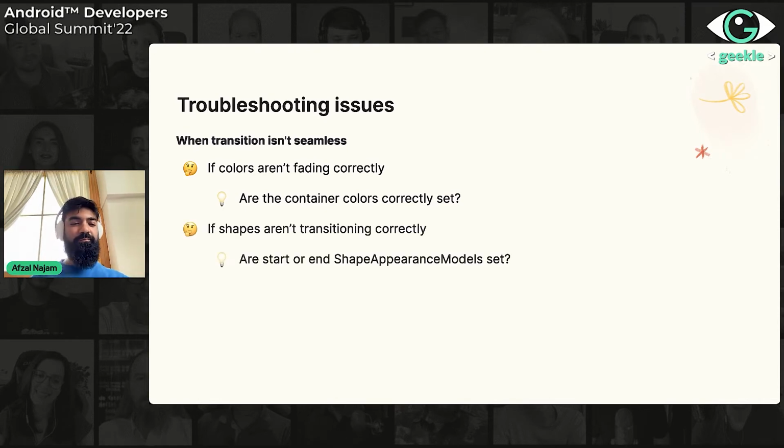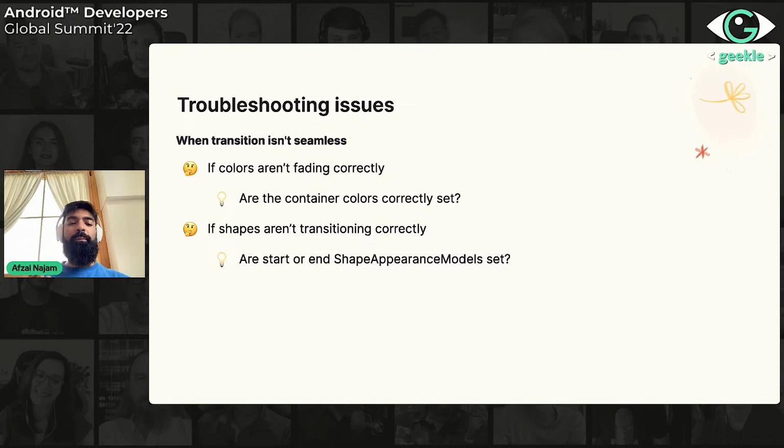The other thing is shapes aren't transitioning correctly. Before shape appearances and all that, we had other tricks. We had 9 patches and all that to put rounded corners and things. And you might still be using them, or maybe you're using something else and it's not transitioning correctly.